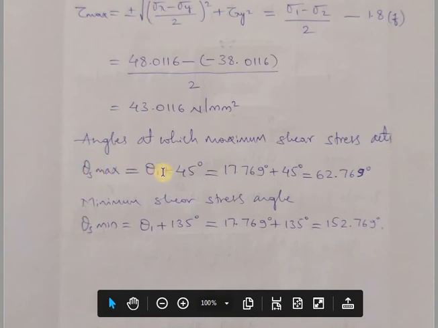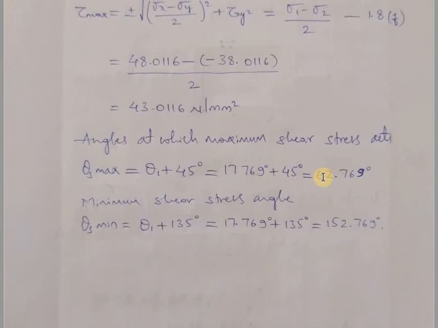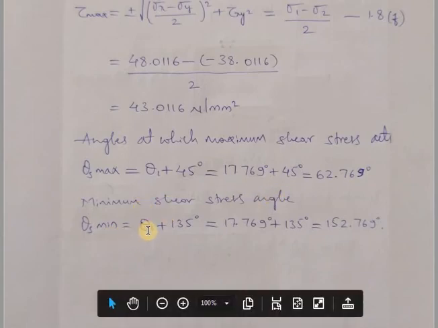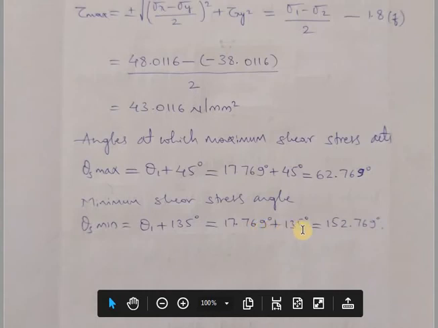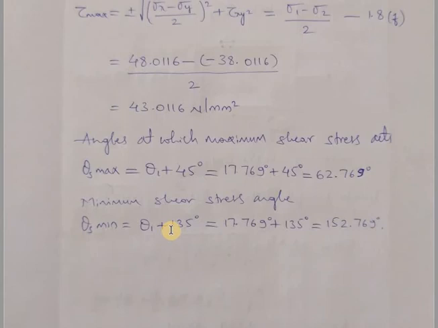So the maximum shear stress angle is theta 1 plus 45 degrees, which gives 62.769, and the minimum shear stress angle theta s minimum is equal to theta 1 plus 135 degrees, which is 17.769 plus 135. It gives the angle as 152.769 degrees. You can find theta 1 plus 45 degrees and theta 1 plus 135 degrees in the data handbook below equation number 1.8g.